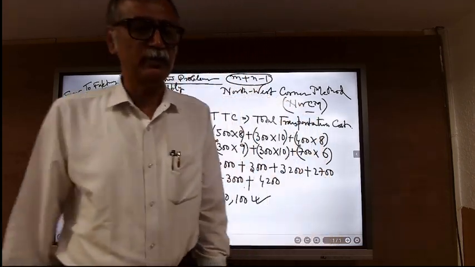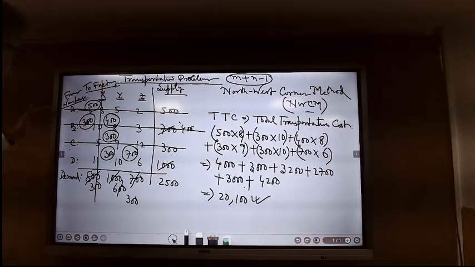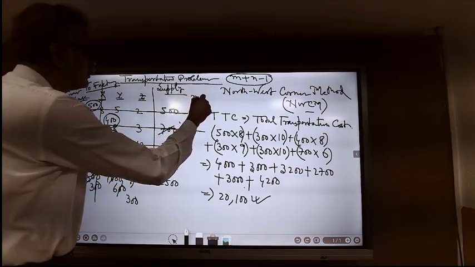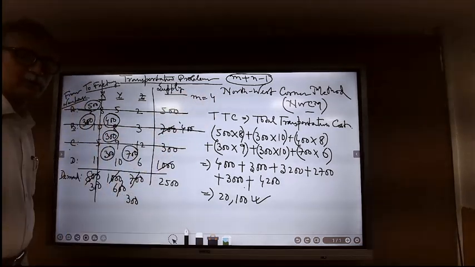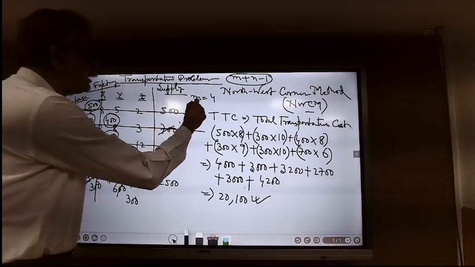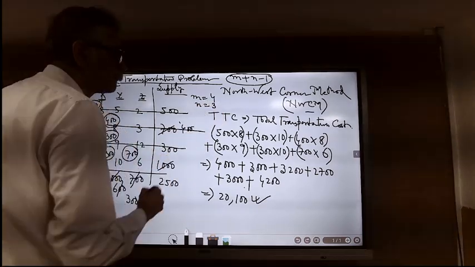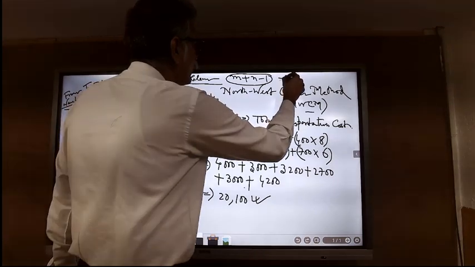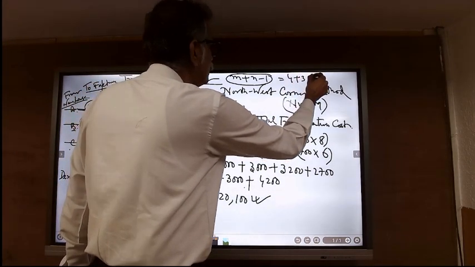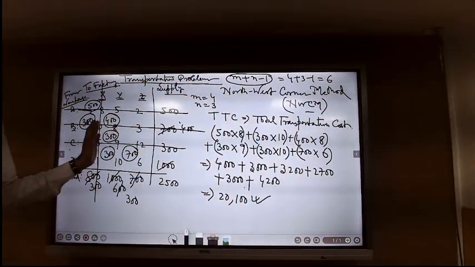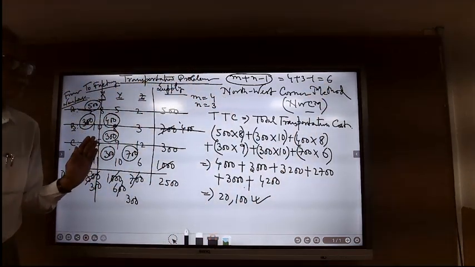So here you see, there are 4 rows, so the value of m is 4. There are 3 columns, so the value of n is 3. So m plus n minus 1 is 4 plus 3 minus 1, which is 6. And the total number of allocations is also 6.